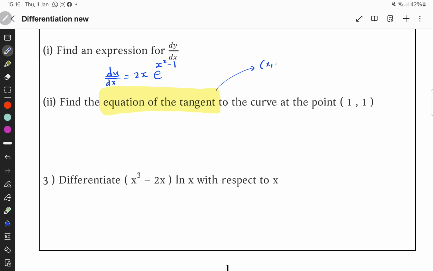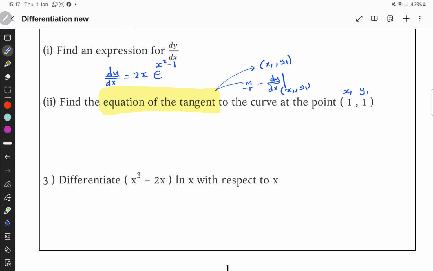A point x1 and y1, as you learned in grade 11, and the gradient of the tangent, which is dy over dx at that point. Now, we just need to use the given. He gave us 1 and 1, so that is x1 and y1. Now, we need to find the gradient.